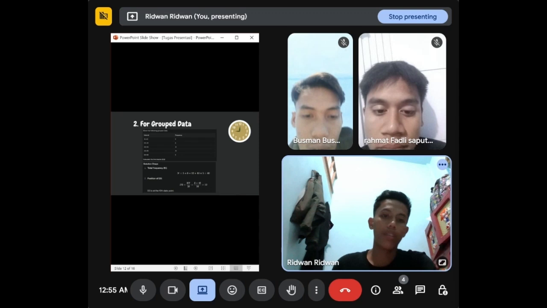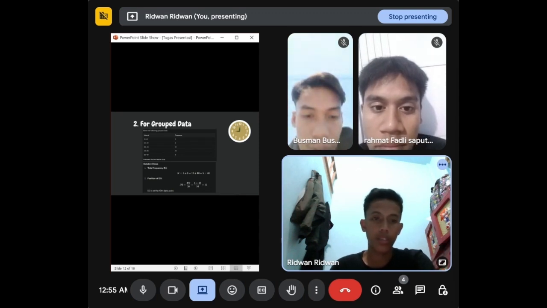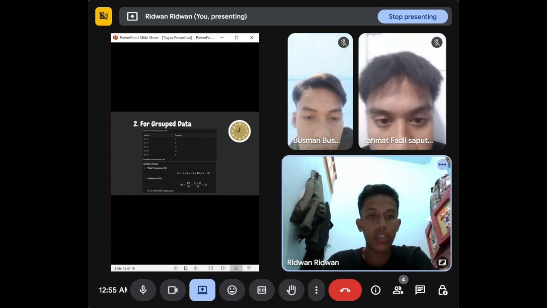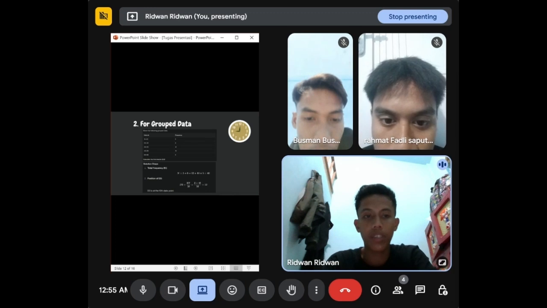Solution steps. First, total frequency or n, where n equals 5 plus 8 plus 12 plus 10 plus 5 equals 40. Step 2, position of decile 3.